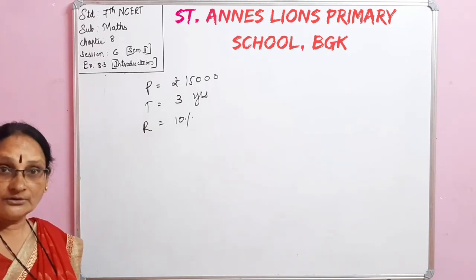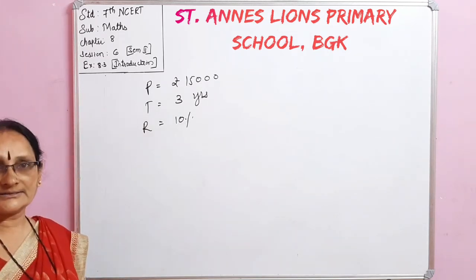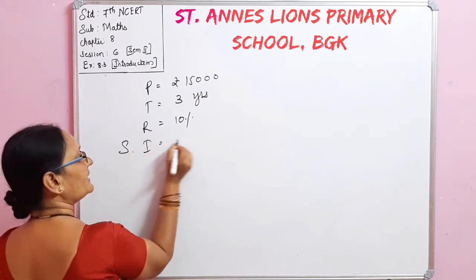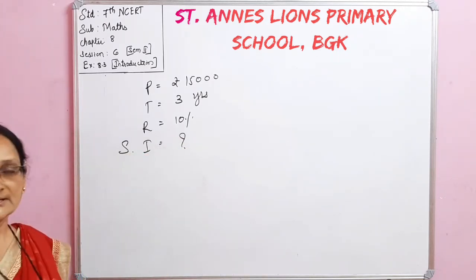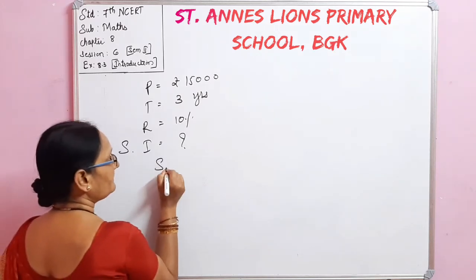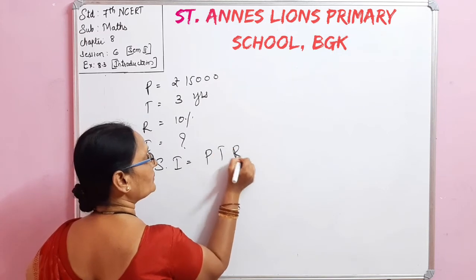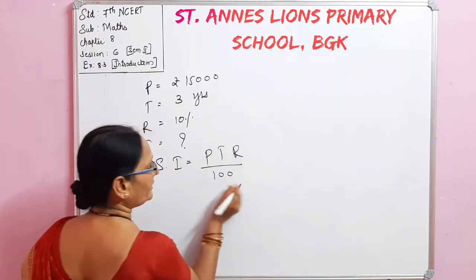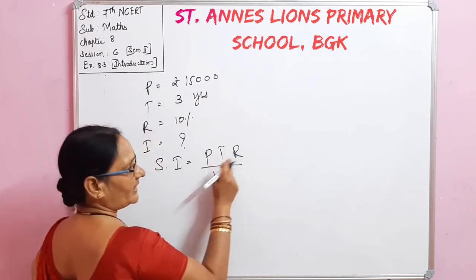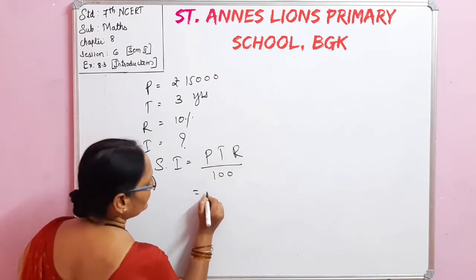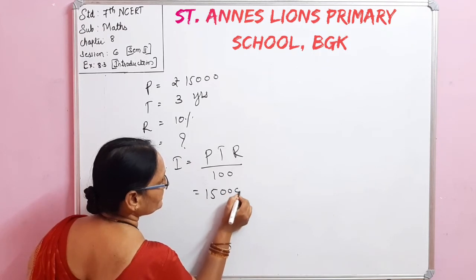I am keeping the money now, so they are giving us the interest. So what we have to do? Calculate simple interest. SI means simple interest. Simple interest SI is equal to P into T into R by 100. What is it? P, T, R: principal, time and rate of interest. Principal is 15,000.